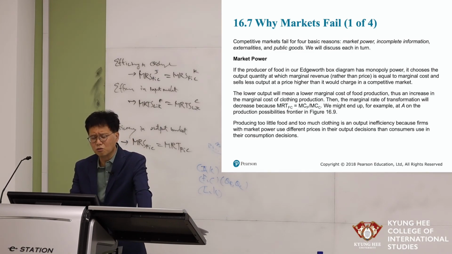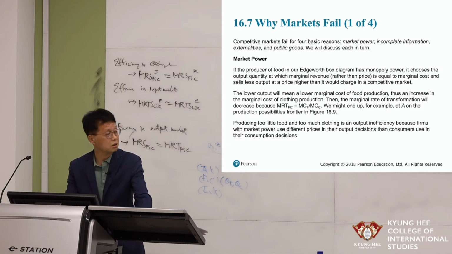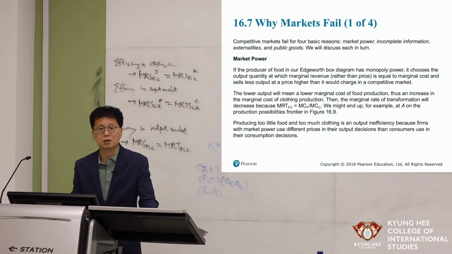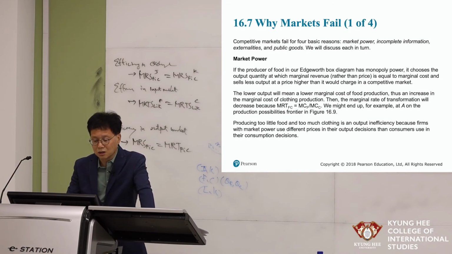But in the real world, this kind of efficiency cannot be attained automatically. Why? Because markets fail. The market is not perfectly competitive, simply talking. Got it? So that is section 7 of this chapter. Competitive markets fail for 4 basic reasons. Number 1, market power. Monopoly market or monopsony market.